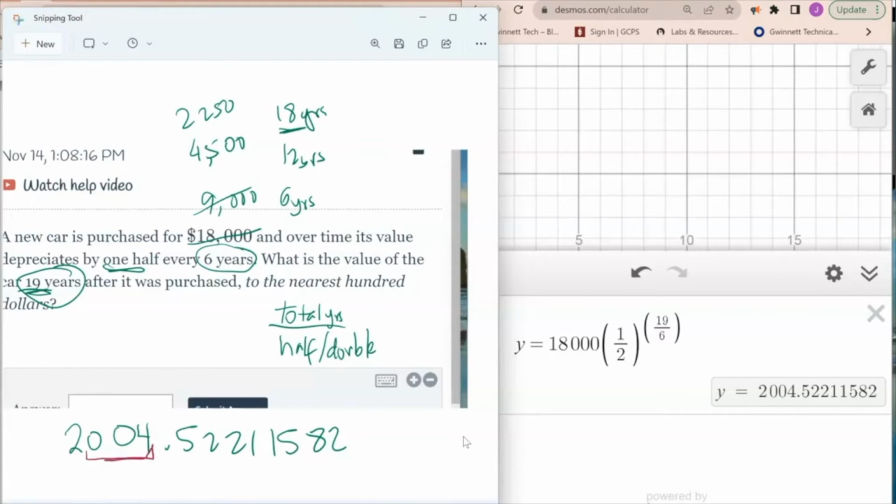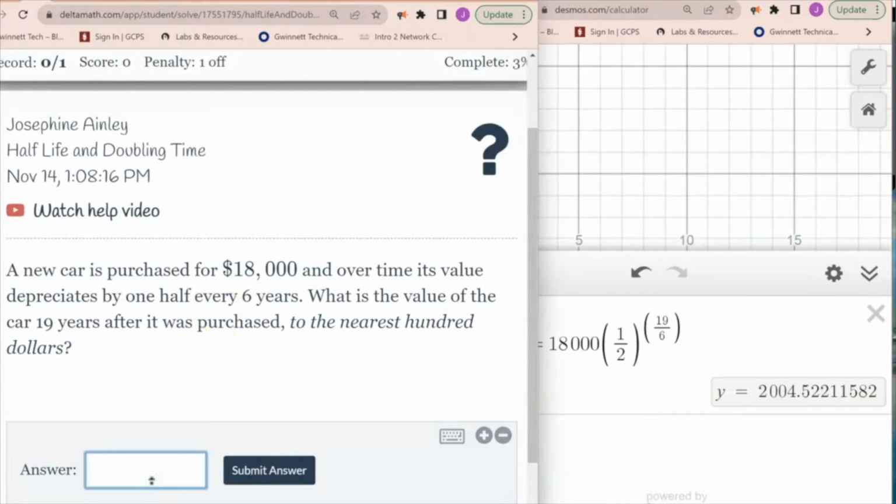Nearest hundreds of dollars is right here, because it's 2,000, no hundreds, no tens, and $4. So the nearest hundred, is this 004? Is this close to $0 or is it close to $100? Well, it's close to $0. So this will be 2,000 to the nearest $100. So you come here, 2,000.